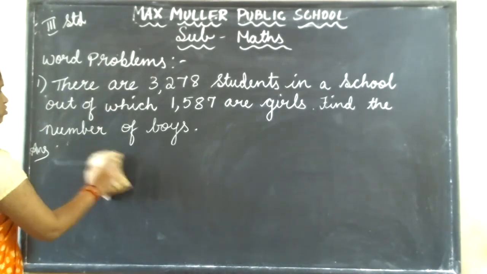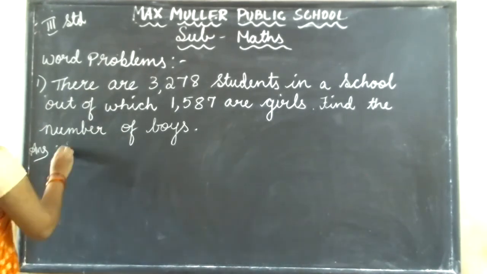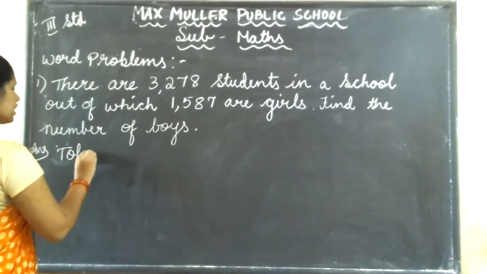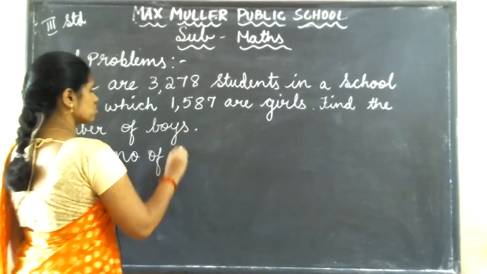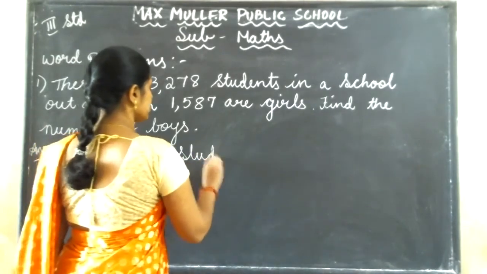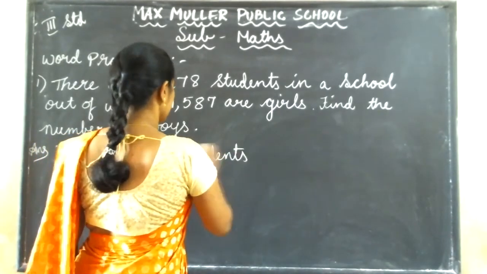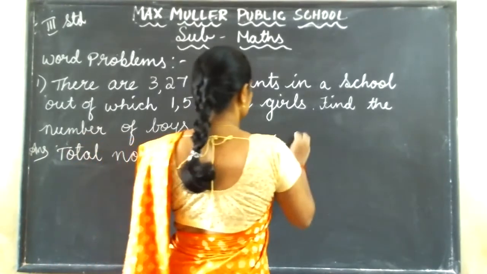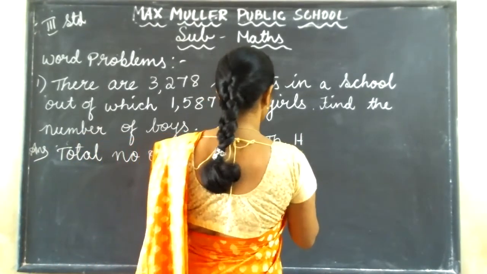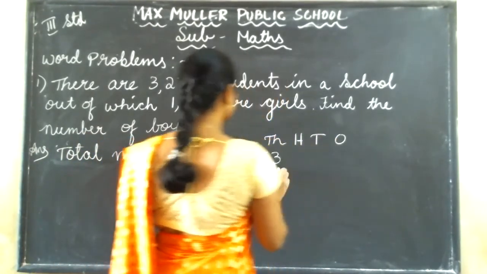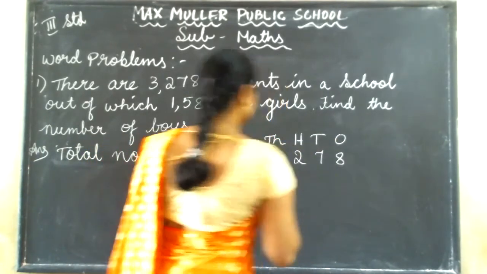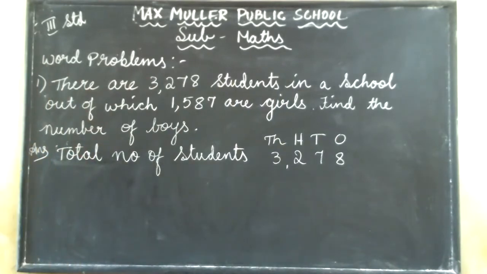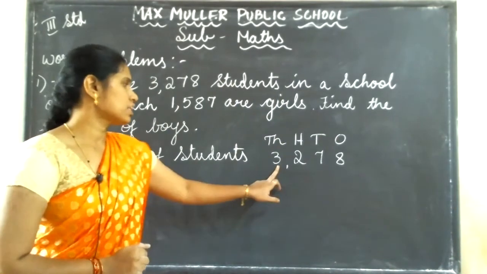First we'll write the total number of students. So how many students are there? They have given 3,278, totally students in the school.